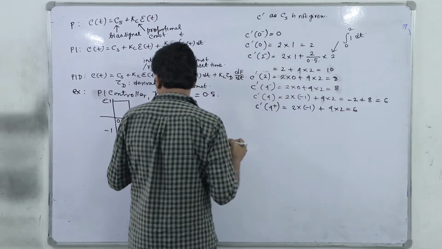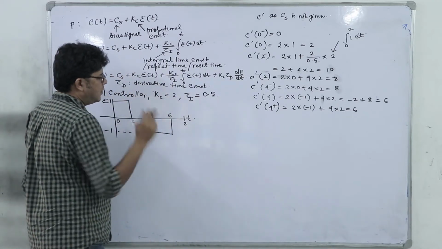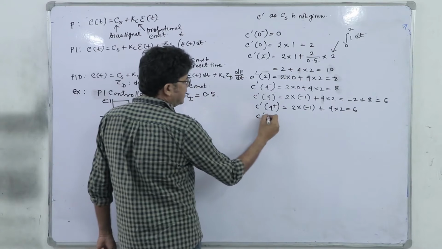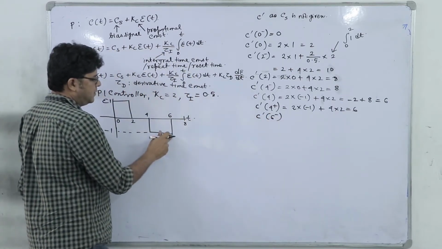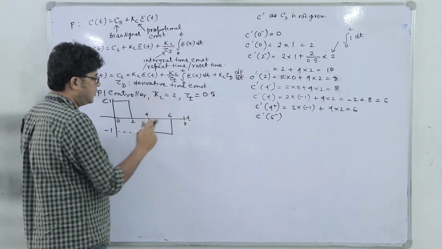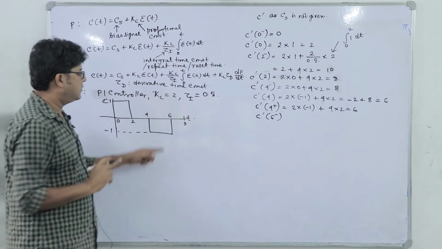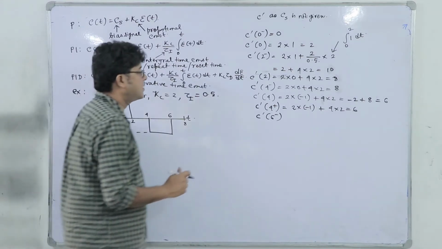Right, 4 plus means somewhere here. Now, again we have to calculate C prime at 6 minus. At 6 minus, this is a positive integral and this is a negative integral, so they will cancel out. However, the instantaneous value, which is minus 1, will remain.